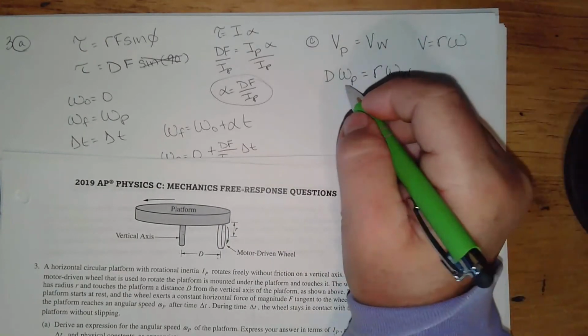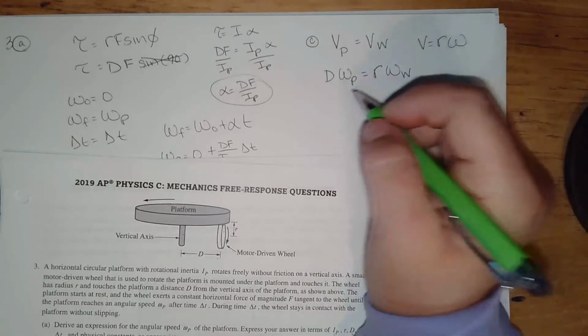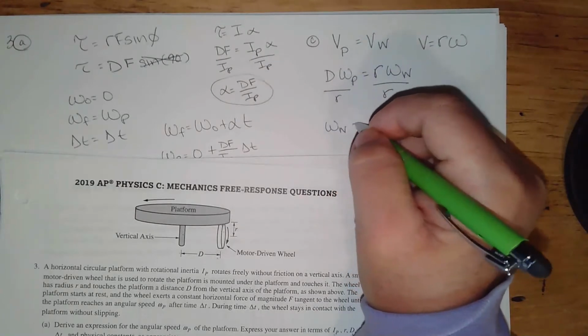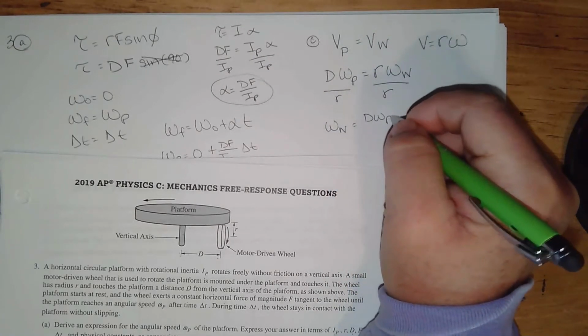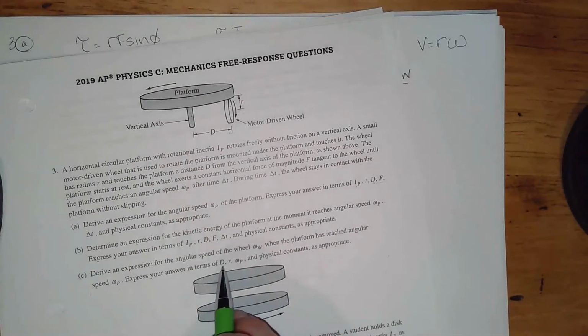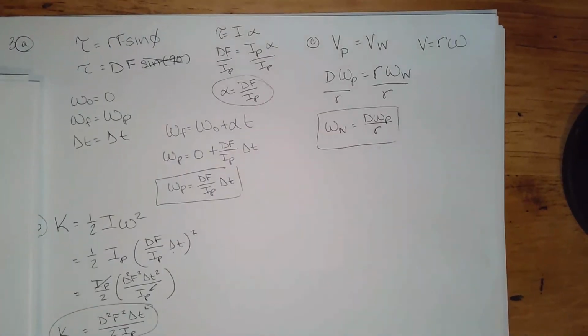That's what we're looking for. So we're just going to divide that through by r. And so our omega of our wheel is going to be d omega of the platform divided by r. And as I was glancing down to see, my answer has to be in terms of d, r, omega p, and physical constants, which would be g. So I don't need that. So there's my velocity of my wheel.